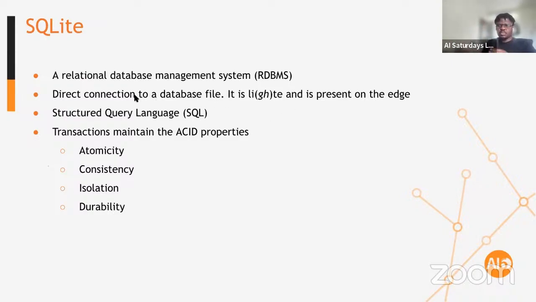Now, SQLite is the most popular SQL RDBMS currently in use. So if you take up your phone, there's SQLite on it. If you say you don't use iPhone, you use Android, there's SQLite on it. You have SQLite on the edge. That's what you call on the edge. Every hardware device, SQLite is present there.